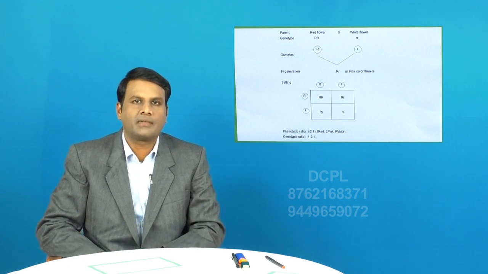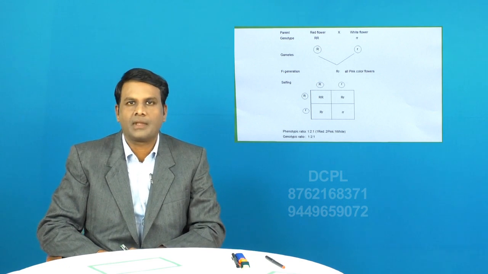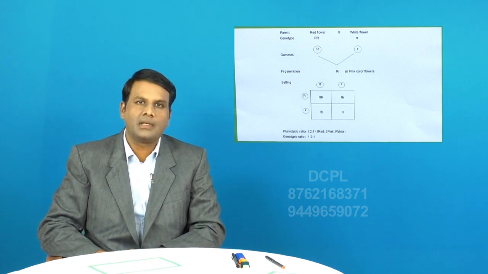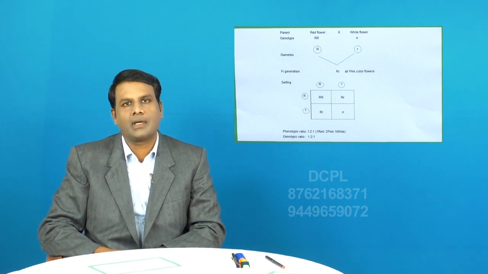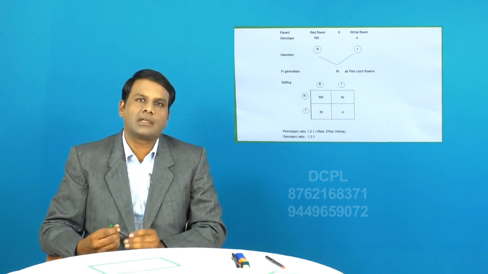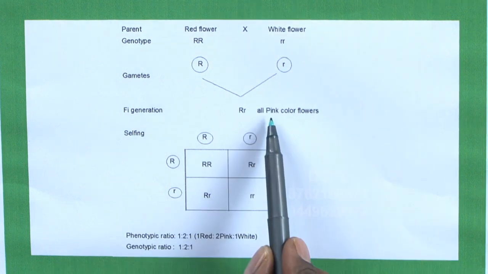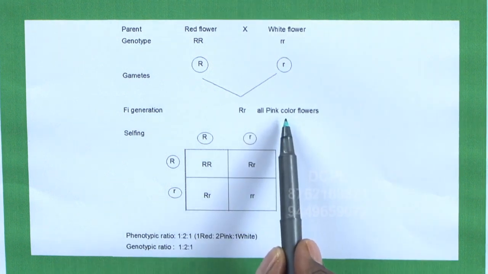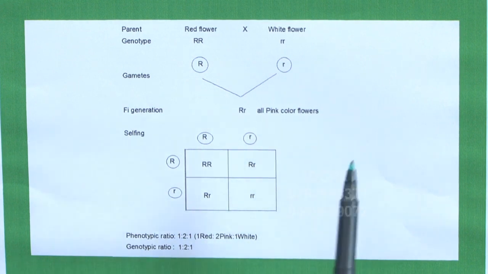It is a deviation from Mendelian law, because Mendel did not observe any intermediate characters in his experiments. Even in the case of capital T small t, the plant remained tall, as with capital T. But in this case, the heterozygous condition shows an intermediate character, that means the plant produces pink flowers. If it were a Mendelian cross, the plant in heterozygous condition would definitely have produced red flowers.